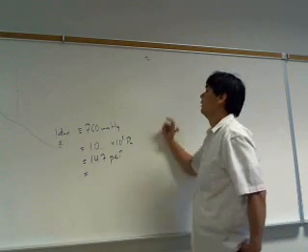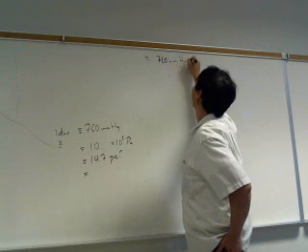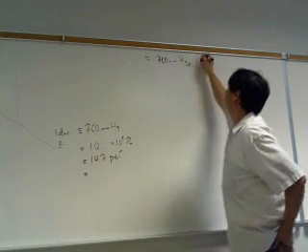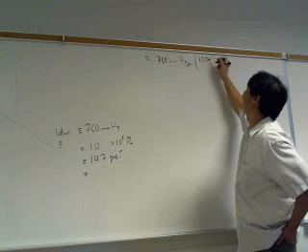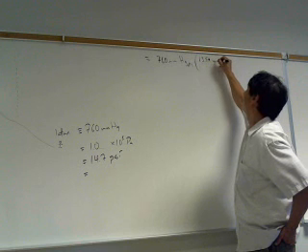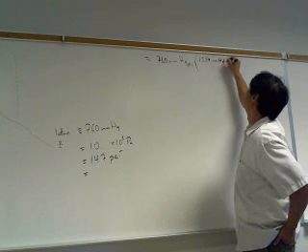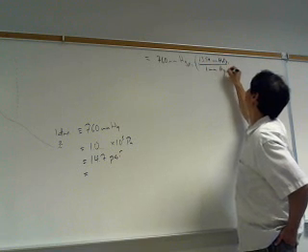Okay. And so if we do this, we have 760 millimeters of mercury. Mercury is very dense, so we need 13.59 times the amount of water. That would mean we'd have 13.59 millimeters of liquid water for every 1 millimeter of liquid mercury.